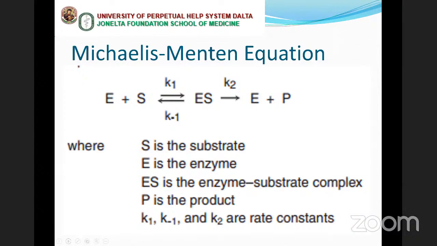Okay. So we would try to make this simple. So this is the derivation of your Michaelis-Menten equation. Okay. So your E would be your enzyme. S would be your substrate, and you join them together so that there would be an enzyme substrate complex. Then it would be converted into the product, and as I have mentioned, your enzyme does not get consumed. Your K1, K negative 1, and K2 would be your constants.